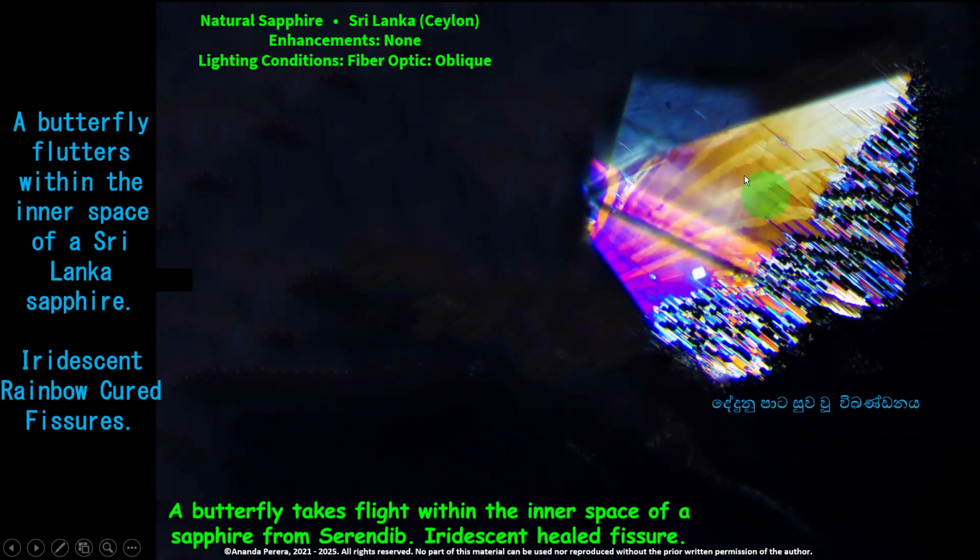It is iridescent rainbow cured fissures. The lighting condition here is fiber optic oblique. It is very beautiful. It shows us the sapphire is natural, no heat, no enhancement there.